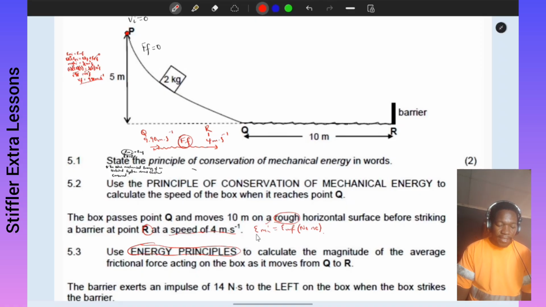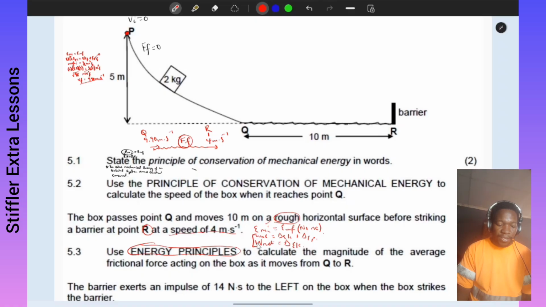The other one is work done by non-conservative force being equal to change in EK plus change in EP. So this one we only use with the non-conservative force. If there's frictional, if there's gravitational force, we don't use it. And we also have the work net, or the work energy theorem, which says that work net is equal to change in EK.